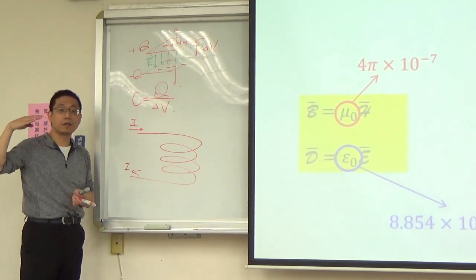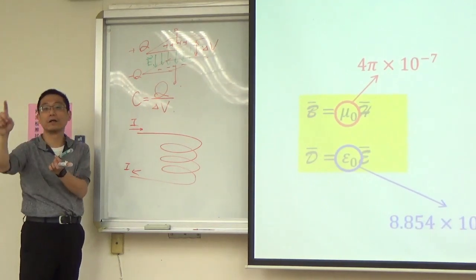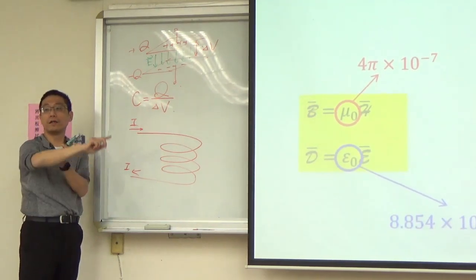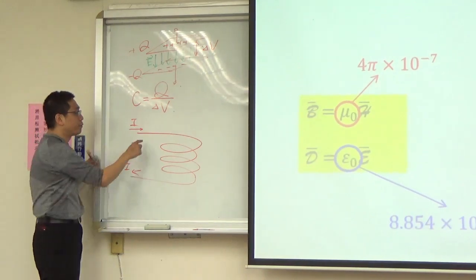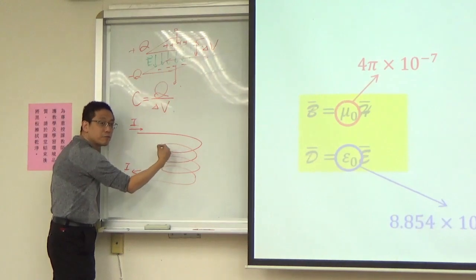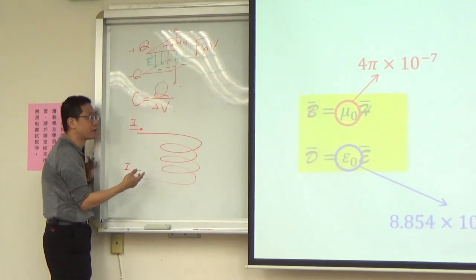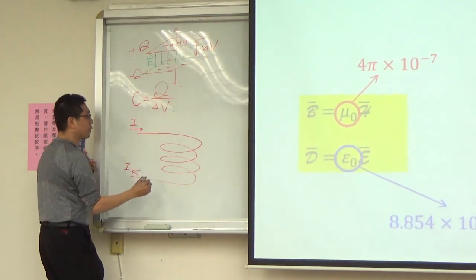If there is a current going through, there will be a magnetic field around this current. If you put this wire in this form, it looks like an inductor. This is a structural inductor.